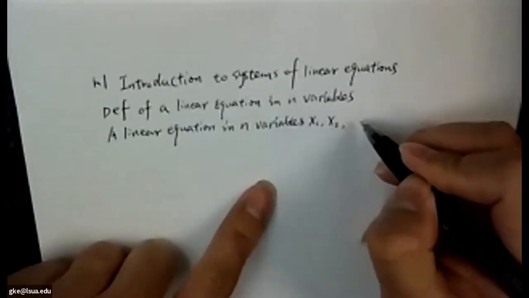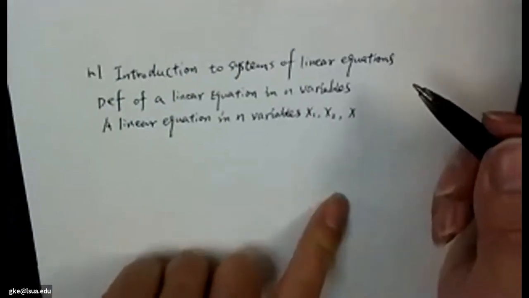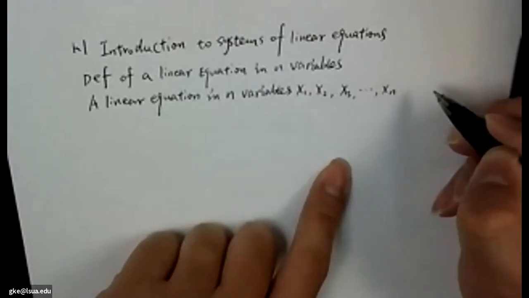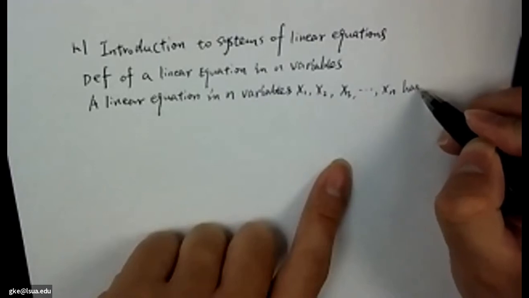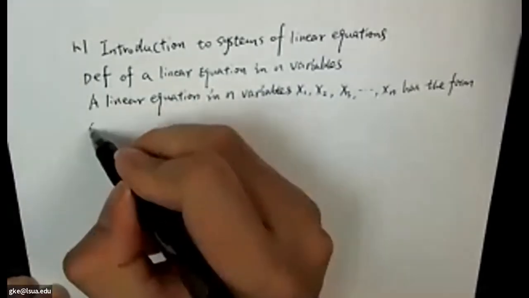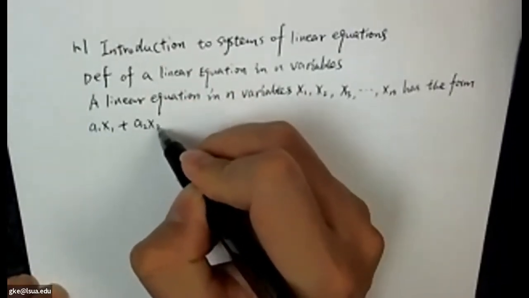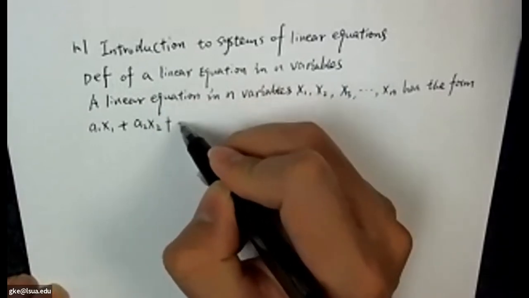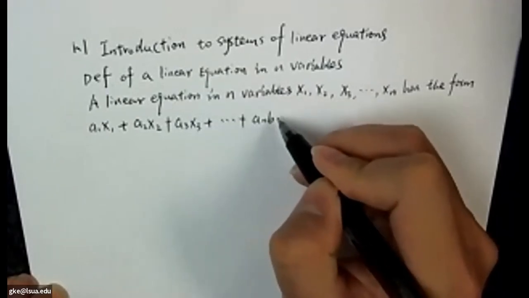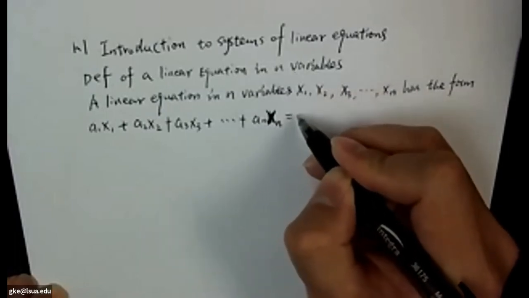x1, x2, x3, xn, has the form a1 x1 plus a2 x2 plus a3 x3 plus ... xn equals b.